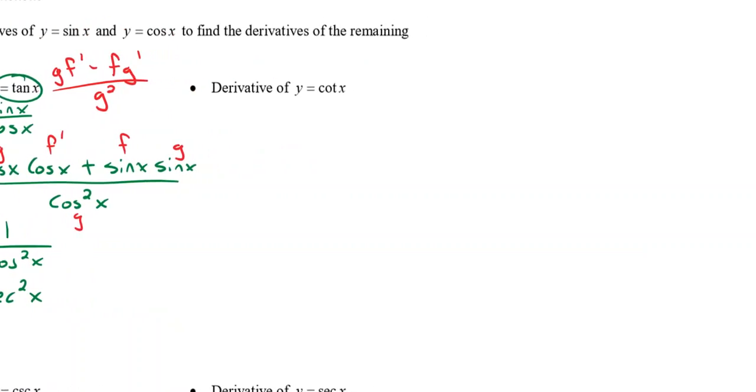So now cotangent. Cotangent will be similar. So this would be y is equal to cos x over sine x instead.